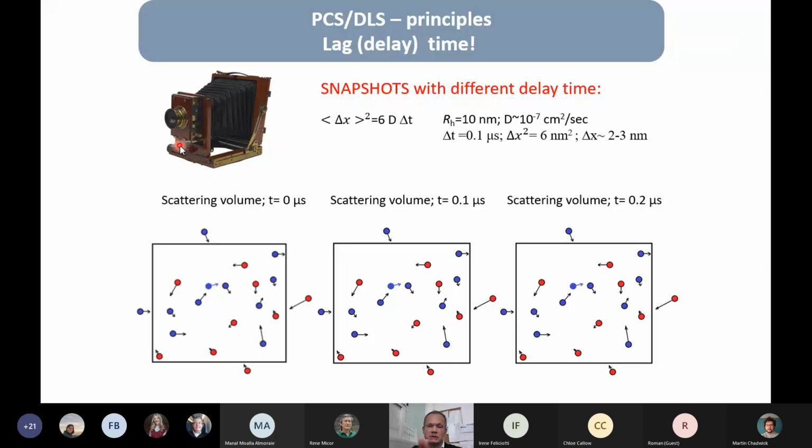You can imagine this old-fashioned camera. We will make snapshots, and every snapshot will have a delay time or lag time between snapshots, and we will be increasing this delay time, starting from a very short period of time, like 0.1 microseconds, to very long times, up to maybe 1 second or 10 seconds, right?